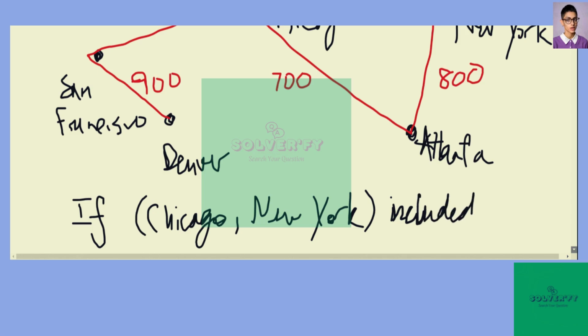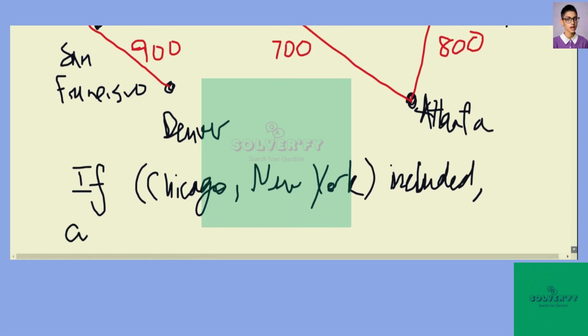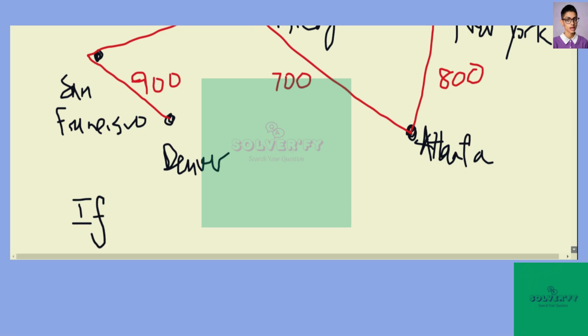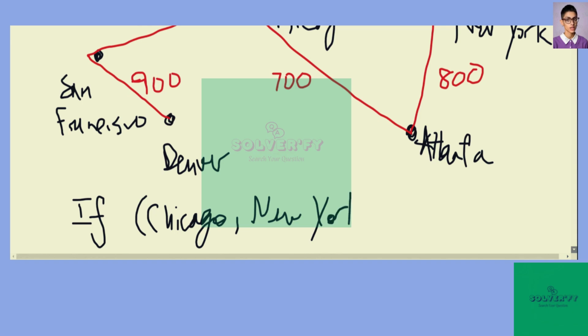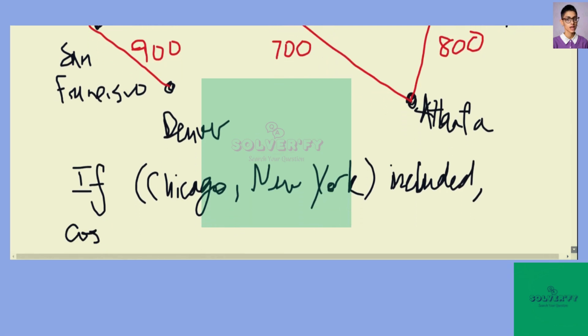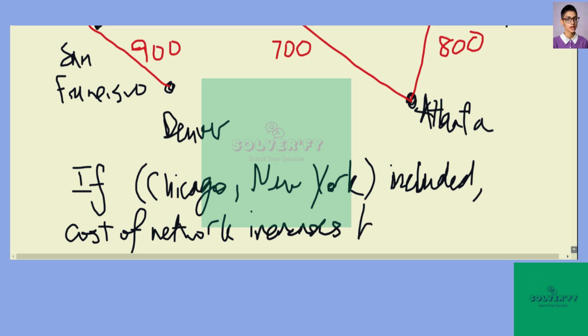So it follows that if Chicago-New York is included, the cost of the network increases by at least $200. Let's consider some other options though.